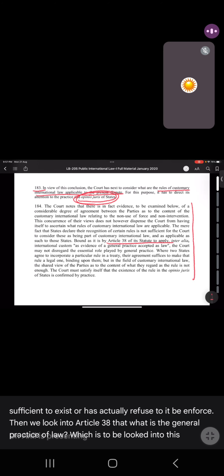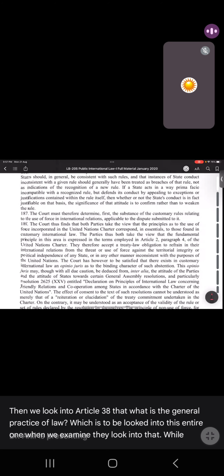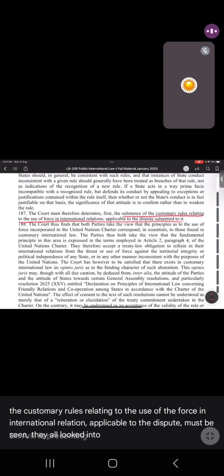This entire one, when we examine, they look into that while determining the customary law, the substance of the customary rules relating to the use of force in international relations applicable to the dispute must be seen. They also looked into the example that the principle of non-use of force, for example, must be regarded as a principle of customary law.